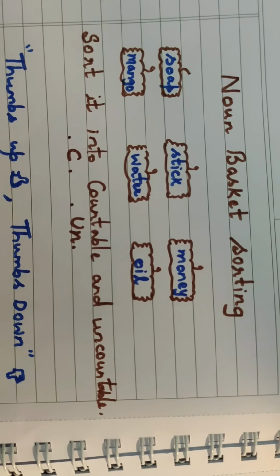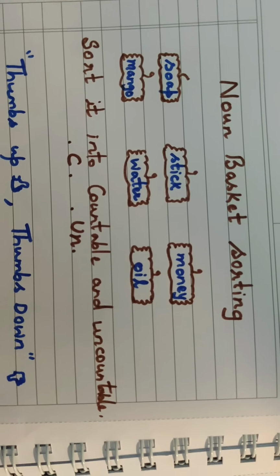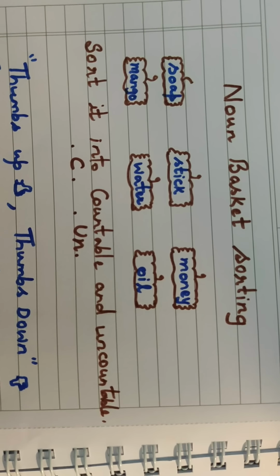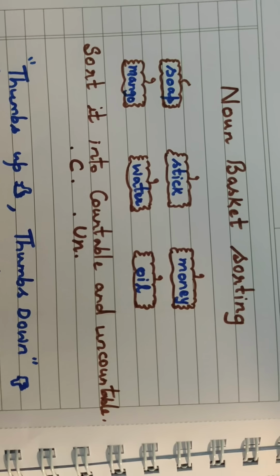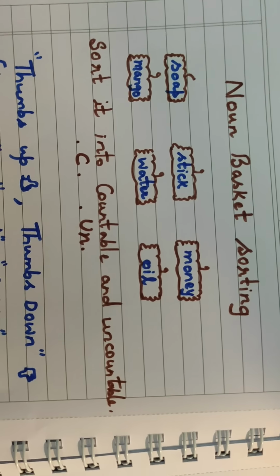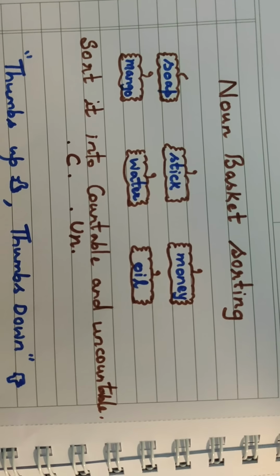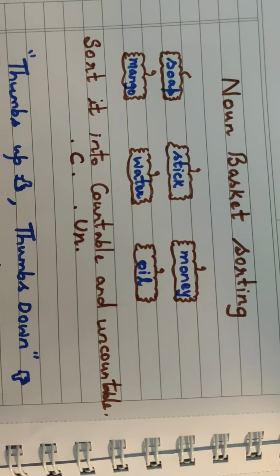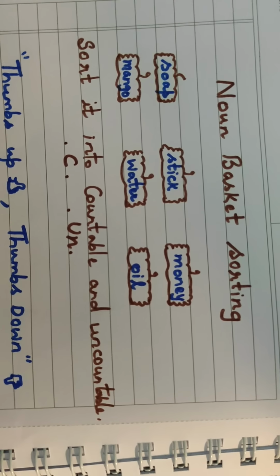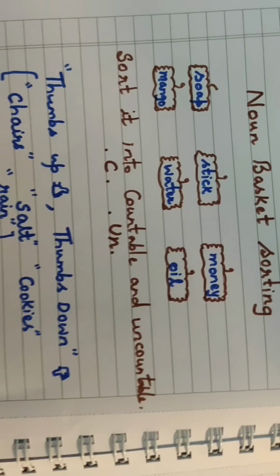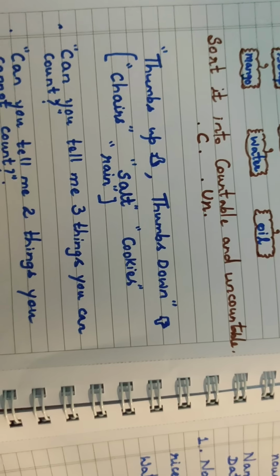So in this noun basket, water and oil are uncountable, and soap, stick, money, mango are countable. Whichever is countable, you write C on it, and whichever is uncountable, you write UN, that is uncountable.